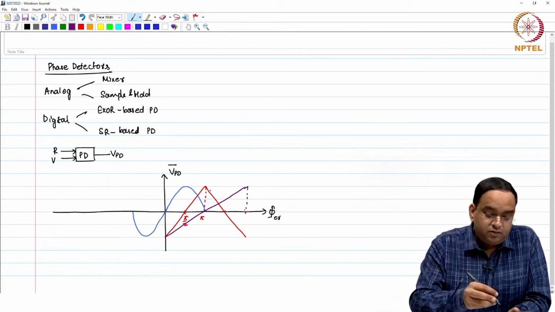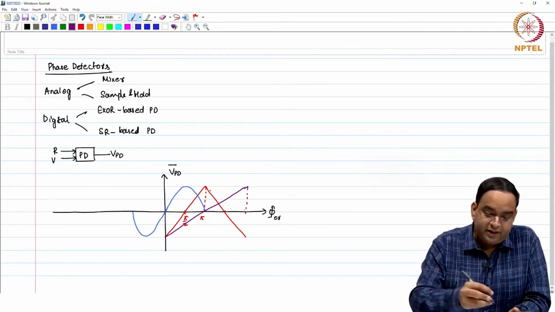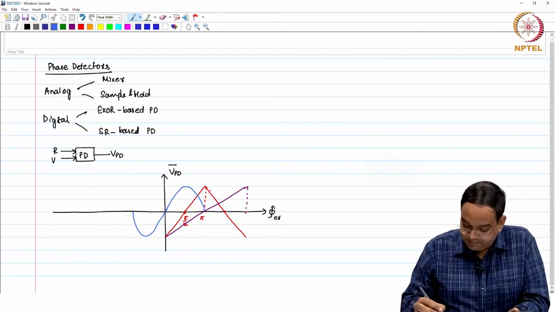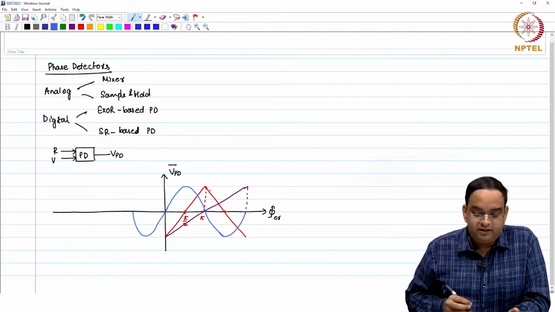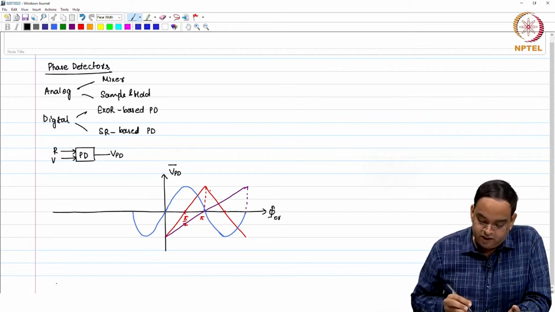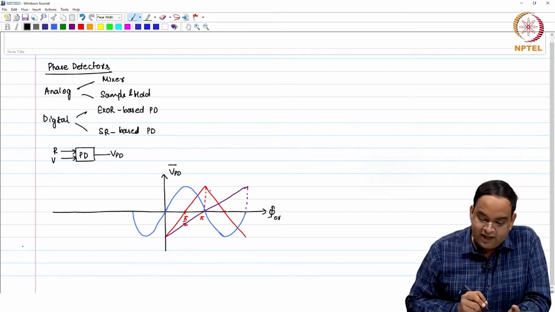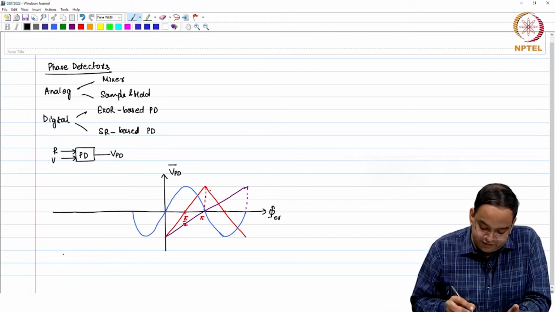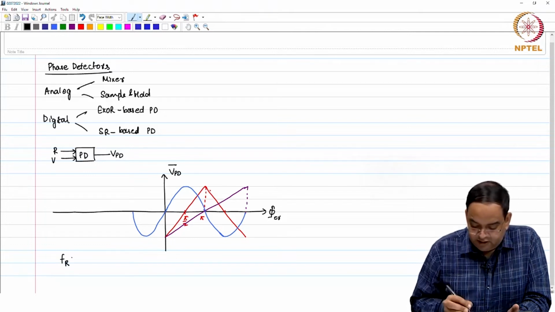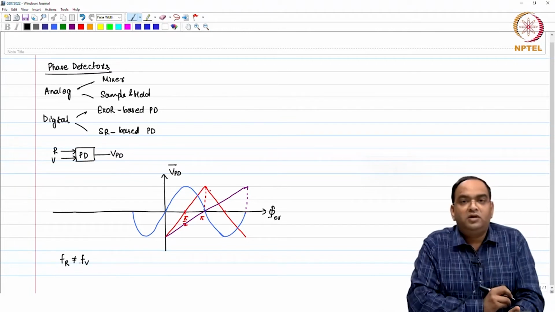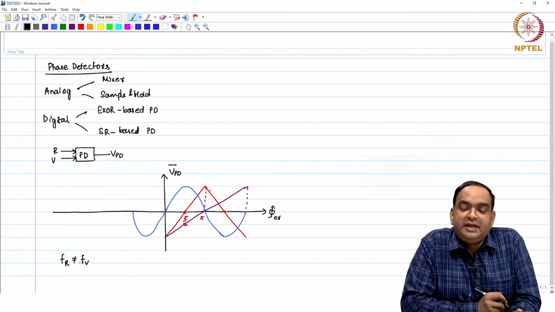For all these phase error detectors, the interesting part is whether they can detect the frequency error or not. Now, consider these two signals R and V and assume that FR is not equal to FV. The two frequencies are not the same.